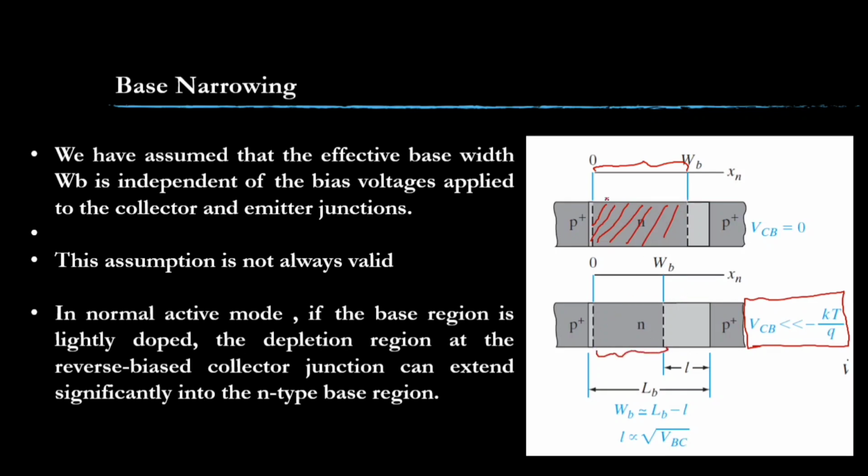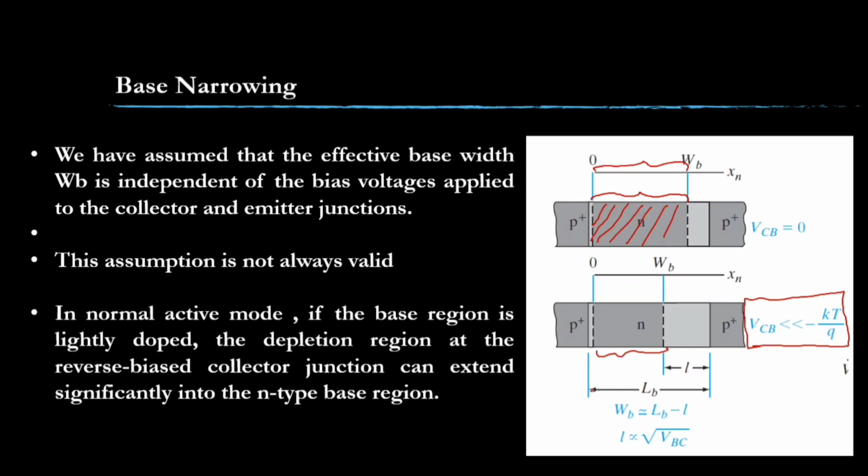Before, the width was this much, now the width is reduced. That's what I told here. In normal active mode, if the base region is lightly doped, the depletion region at the reverse biased collector junction can extend significantly into the n-type base region. Some expressions you can see over here.